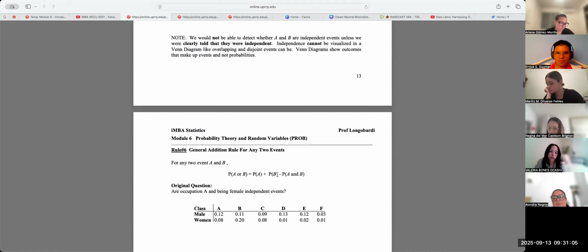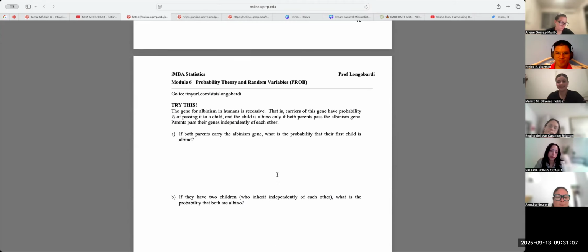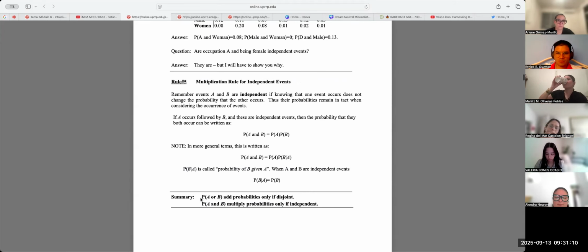Find not A or B. No, that's not it. I wrote it over here. Hold on. That's still important. This one. A or B, add probabilities only if disjoint. I should have just bolded the "only if." And probability A and B, multiply probabilities only if independent. This is your summary, okay? So I hope that helps.